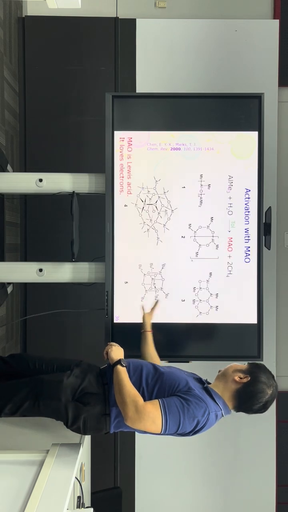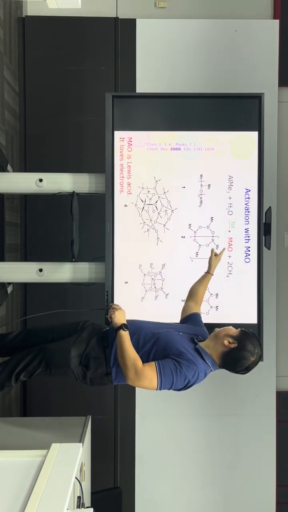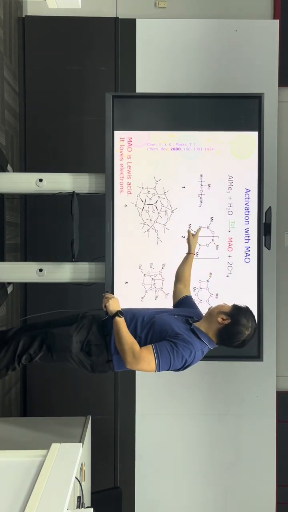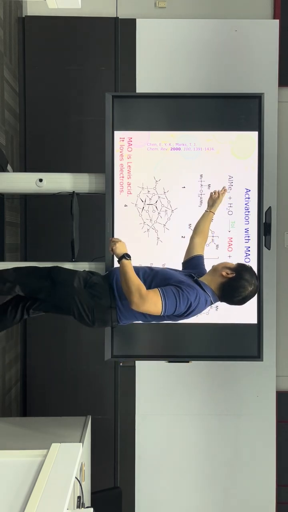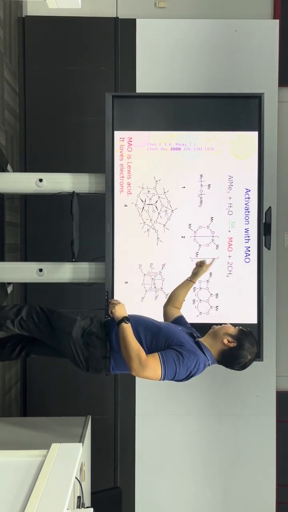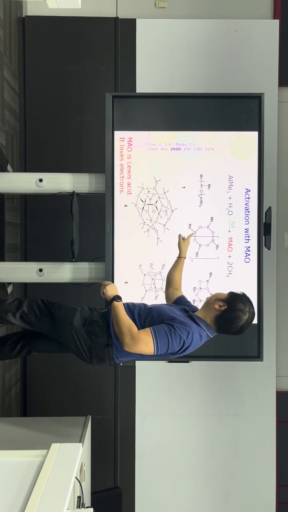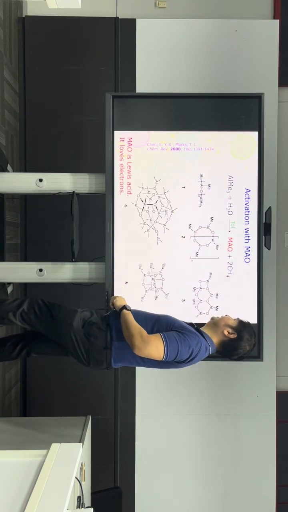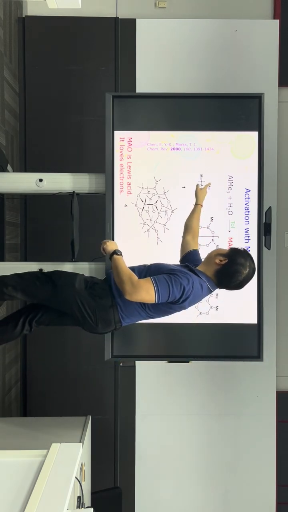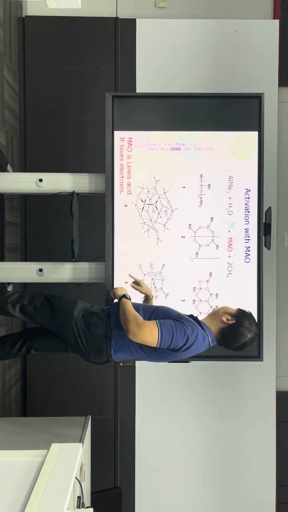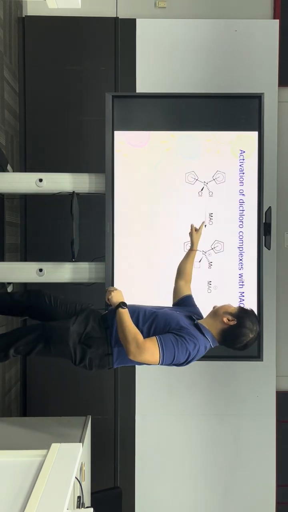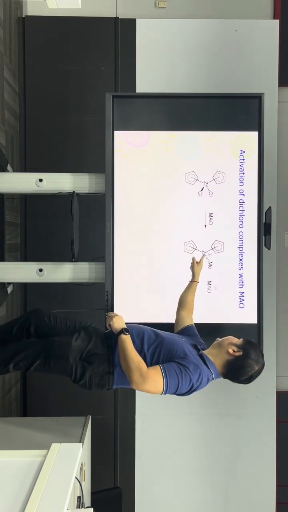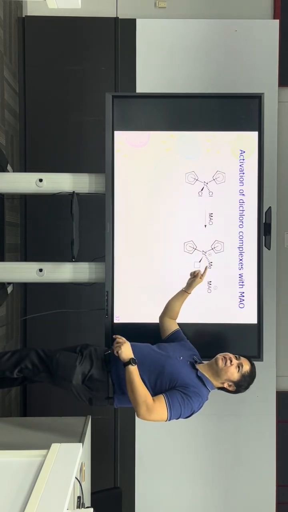But the main thing is that when you add water in there, water will replace 2 methyl groups to become methane, and then you link oxygen and aluminum, oxygen, aluminum like that. And you have a free methyl group there. The methyl group will replace the chloride and give you this as the active species.